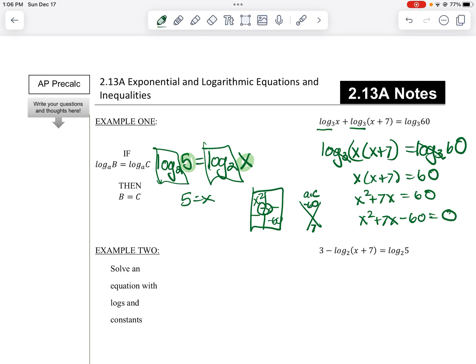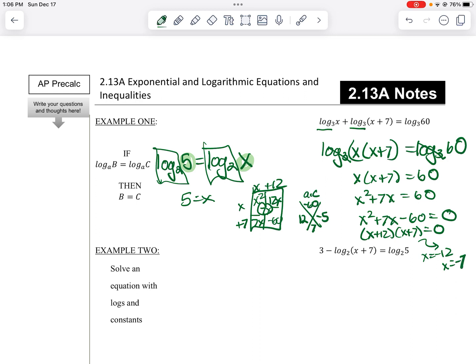Let's see, what could that be? Is that 12 and negative 5? So 12x, 7x, x plus 12 plus 7. So this factors into x plus 12, x plus 7 equals 0. So our two answers would be x equals negative 12 and x equals negative 7.